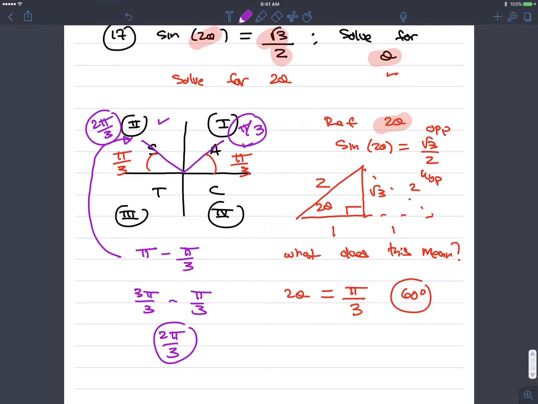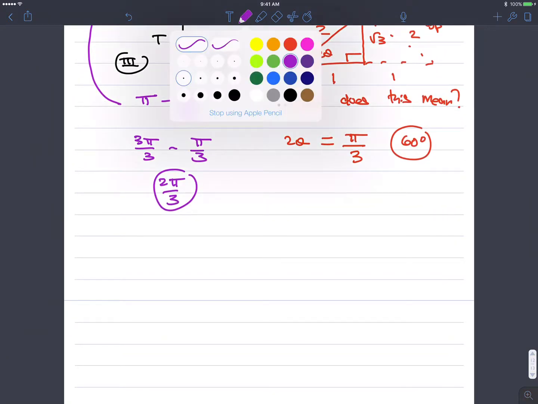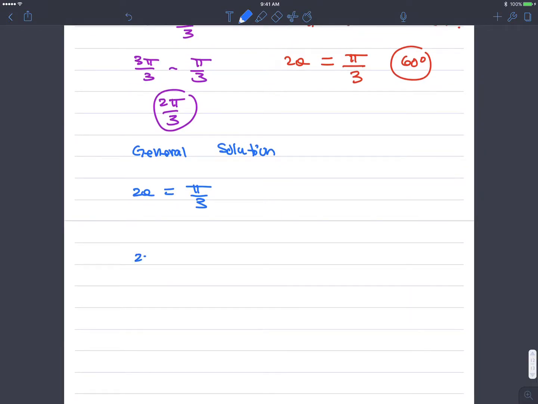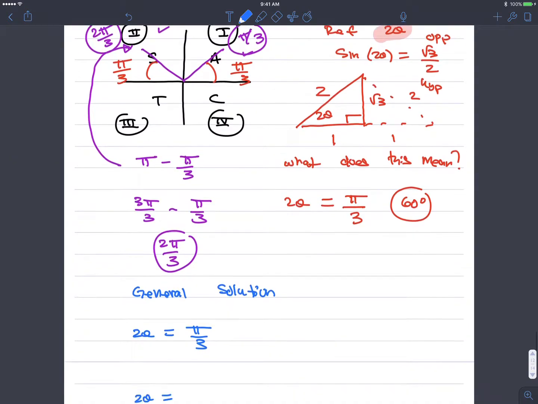Is that true? You guys with me on that? Now you might say, why are you pointing it out this way? Well, let's take a look. We want to write the general solution. Your general solution will look like this. It is 2 theta is pi over 3. It is also 2 theta is, what do we get through finding? 2 pi over 3.